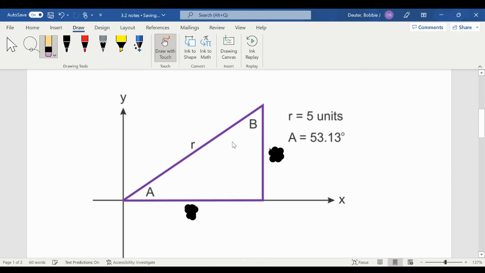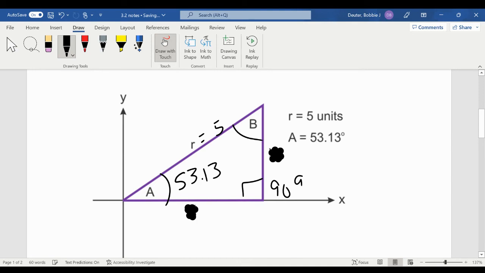We know that in this triangle that's being shown here, we have a hypotenuse that is equal to the value of our units. Well, our A angle is equal to 53.13 degrees. We know that's a right triangle, being 90. So before we even start, we know that the angles have to equal 180.